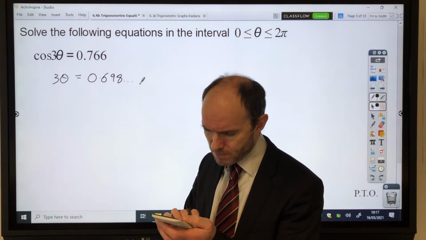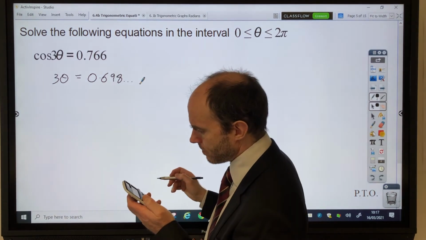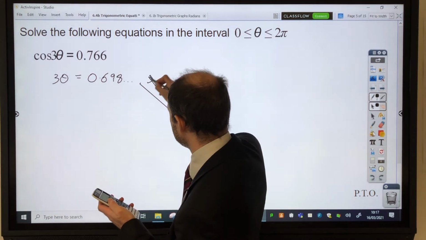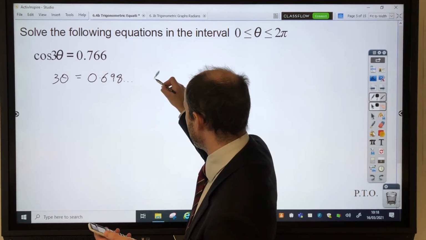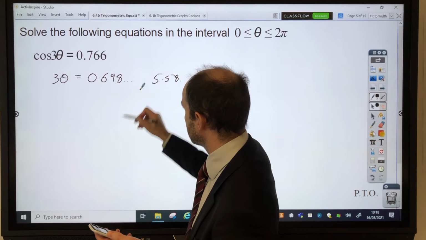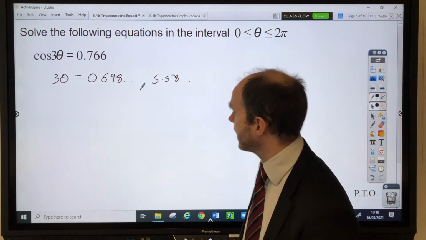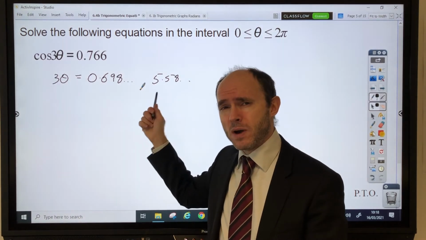So 2 pi, subtract that, and it gives me 5.58 something. Okay, so that's my second answer. And then I'm going to add 2 pi to each of these to get all my other answers.